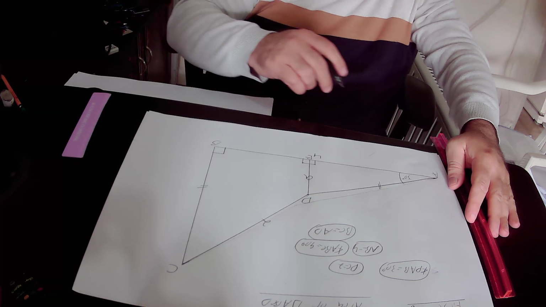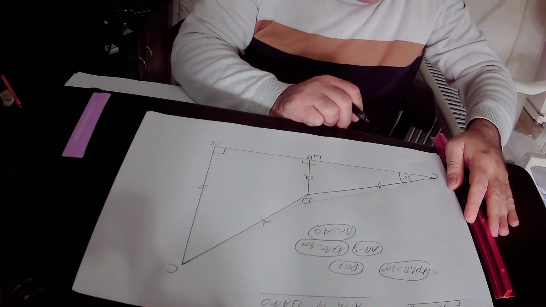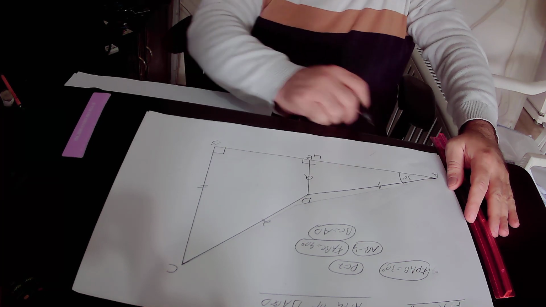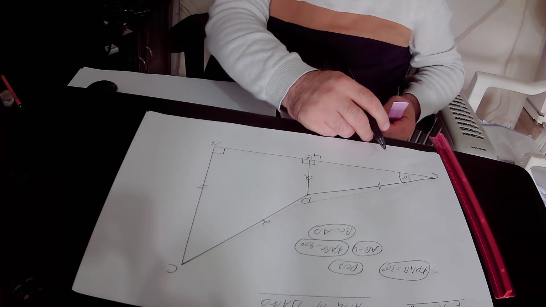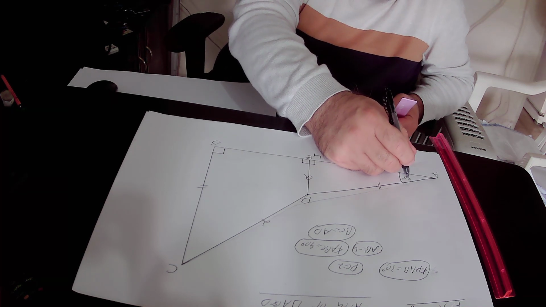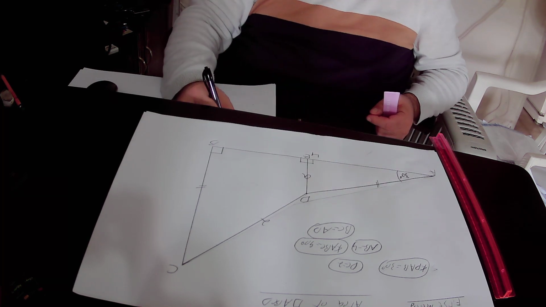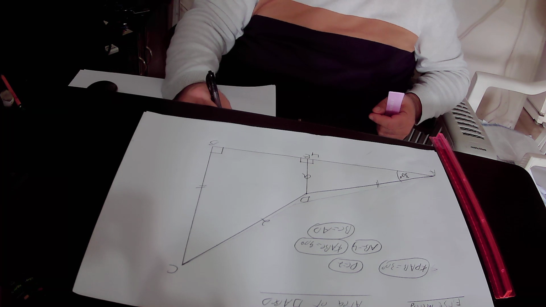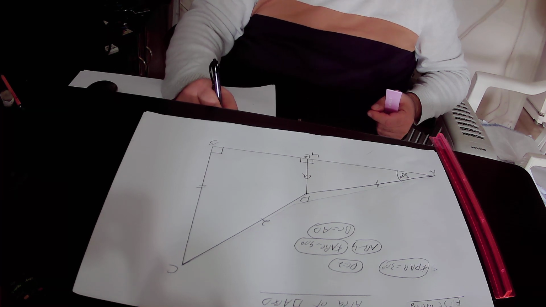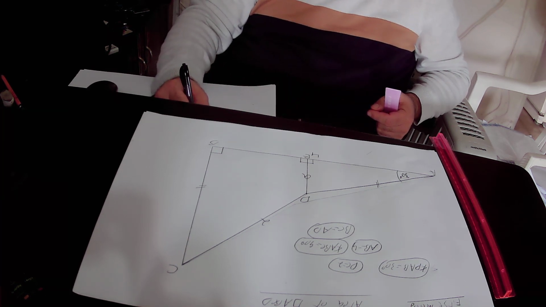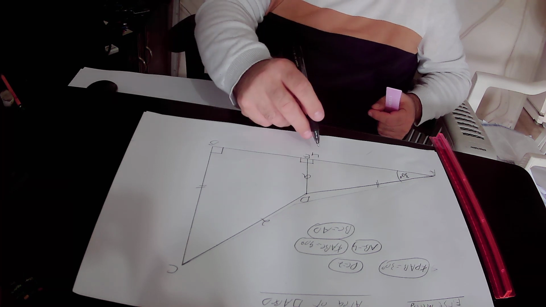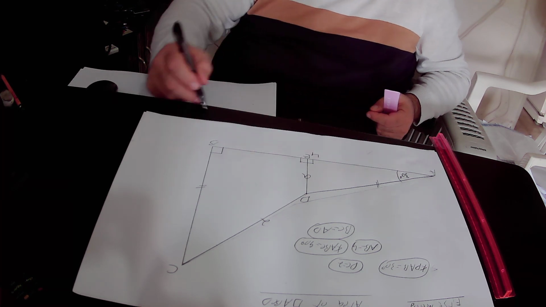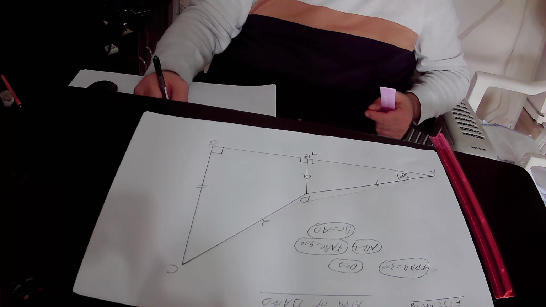and so in triangle ADE, we know that sine 30 degrees, this angle equals 30 degrees in triangle ADE, sine 30 degrees equals A over AD.